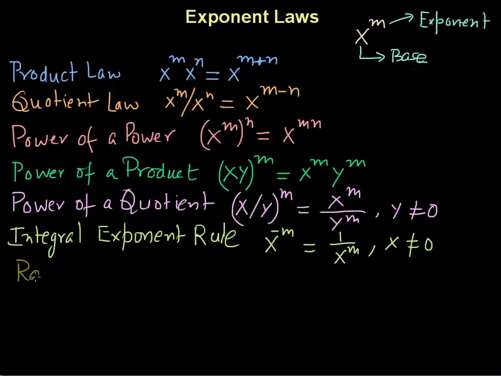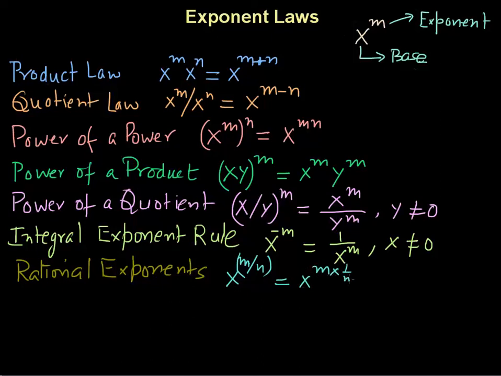Let's write down rational exponents. So in rational exponents, if I choose here x to the power m by n, so m by n is basically two powers here, and if you do this operation, you get, let's rewrite it, m into 1 upon n, right?